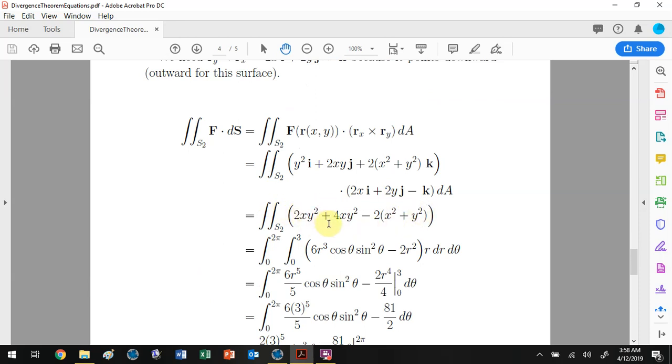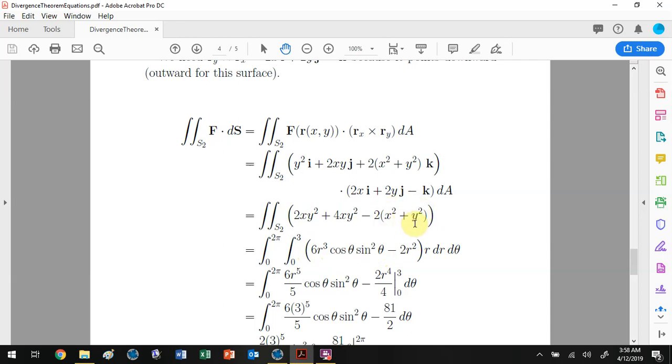So the 6xy squared becomes 6r cubed, because there's an r in both the x and the y, and there's two y's here. So I get r cubed, and then the x will contribute the cosine theta, because x is equal to r cosine theta, and the y contributes a sine theta for each y that's there, because y equals r sine theta. So we end up converting this part right here into polar to get 6r cubed cosine theta sine squared theta.